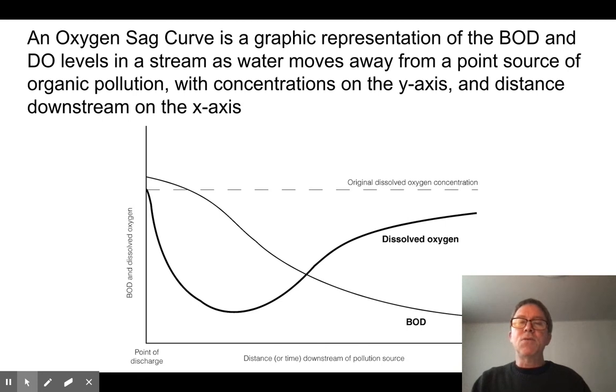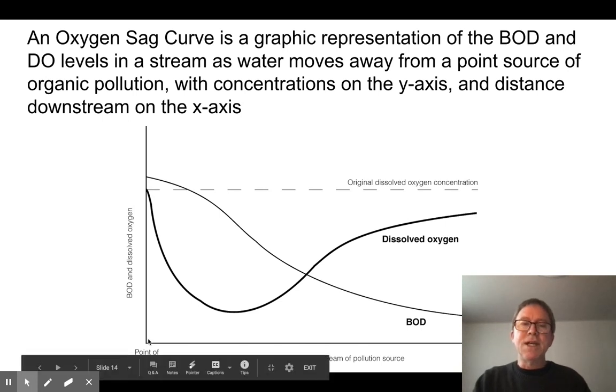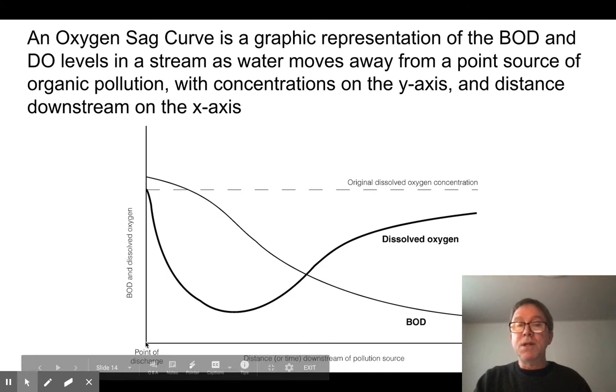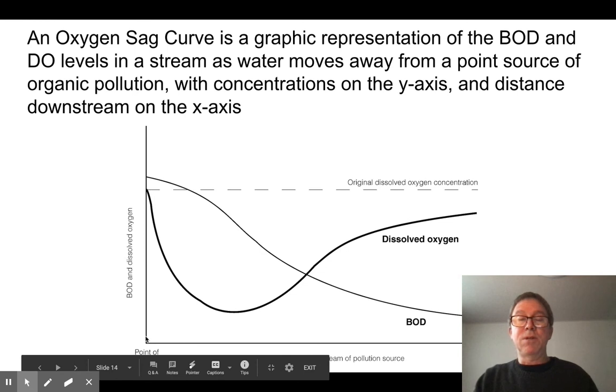Okay, so basically, what's tricky with this is you read them from left to right, and this is basically distance, not time. So we're saying I'm moving from this point here, which looks like this is where the biologic material was introduced into the waterway, and then this is moving farther and farther away from it as we move downstream from that place where it's being put in.